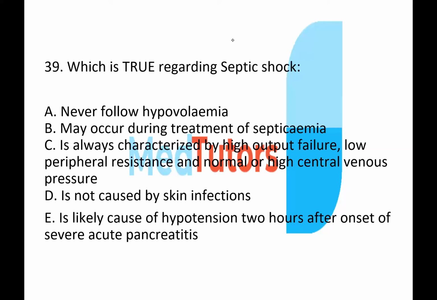That is why it's wrong. The central venous pressure is low. It's not normal, it's not high. It is less than 8 millimeters of mercury or less than 10 centimeters of water. So it's low. That's why it's false. Now, D is also false because it can occur from skin infection.